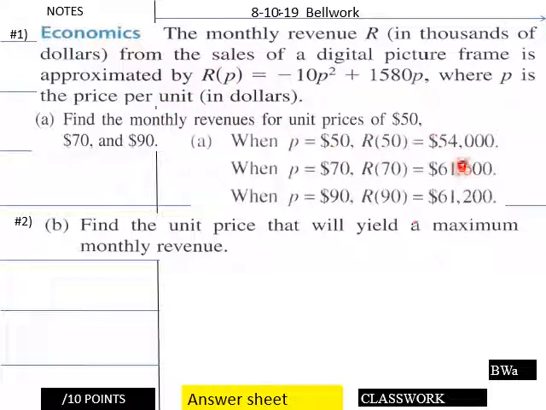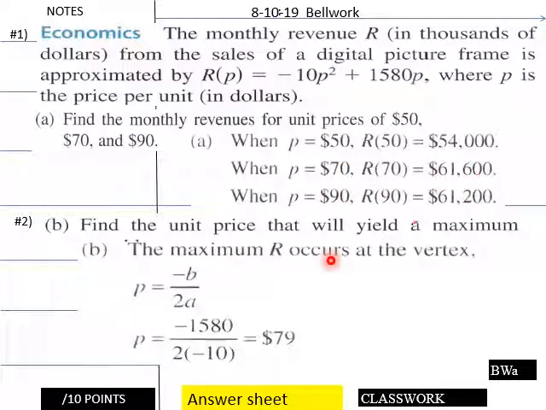We have a gross revenue of 54, 61.6, and 61.2 for these prices. And then the unit price that will yield a max, negative B over 2A, yields $79 as the maximum revenue price. So that is your bell work.